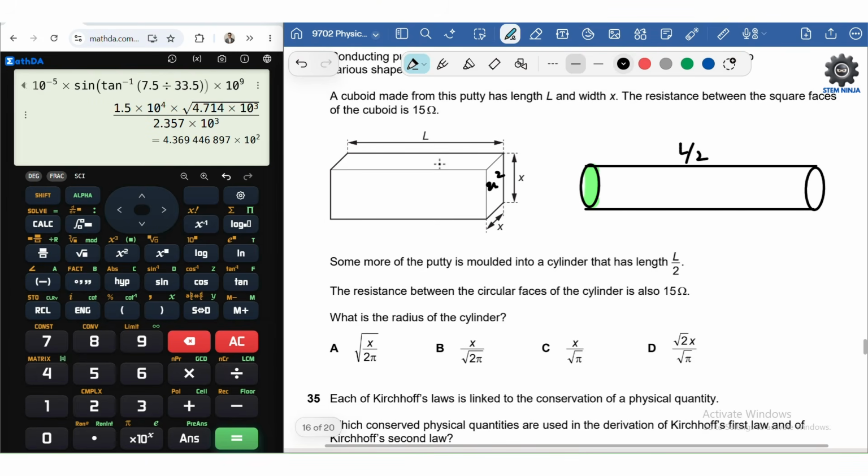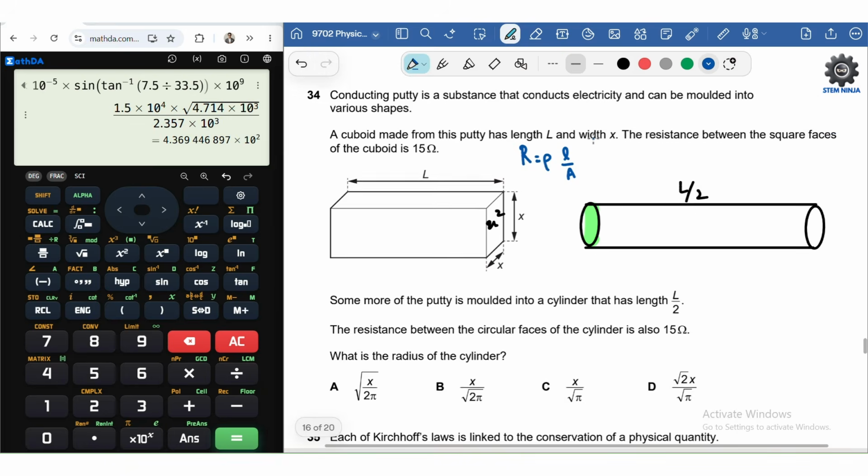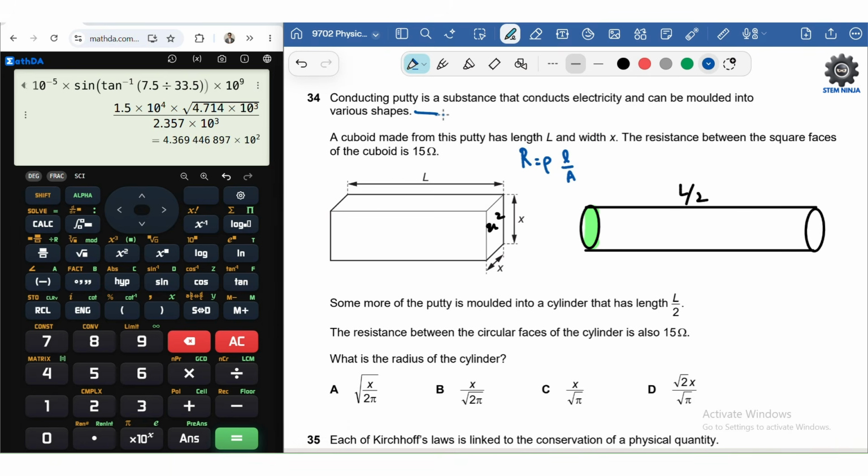Alright, so let's figure this out. Resistance is resistivity times L over A. They're using the same conducting putty, so the resistivity is constant. Only L over A is changing, and the resistance between the end faces is constant. Since they're using the same conducting putty, the resistivity will also be the same.